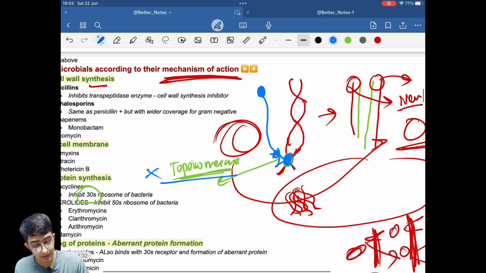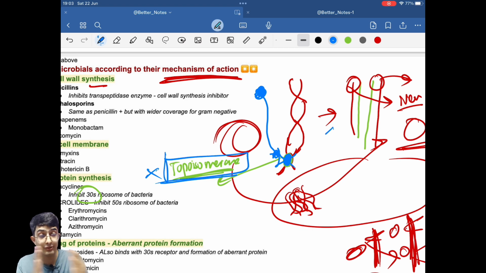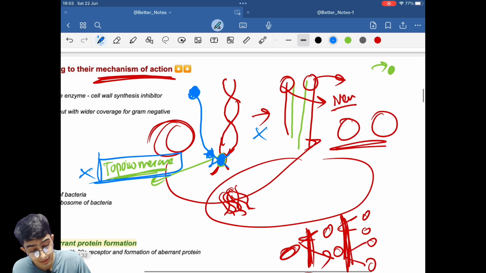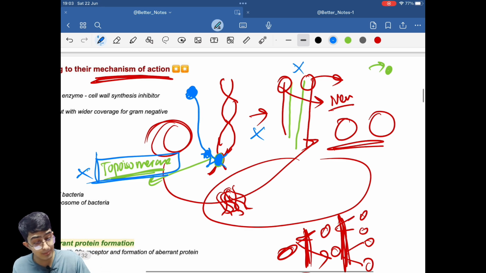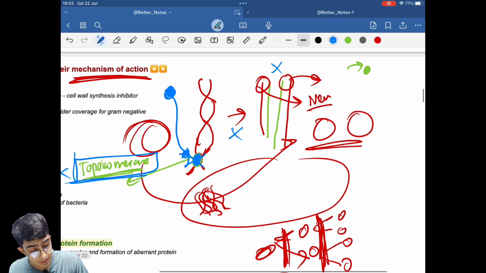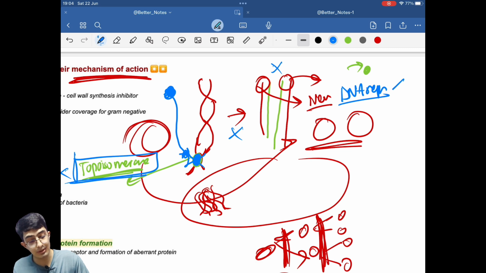If the DNA cannot unwind, there won't be 2 strands, and new DNA cannot be produced. So DNA replication is inhibited, and whenever the DNA cannot replicate, one bacteria cannot divide into 2 bacteria.